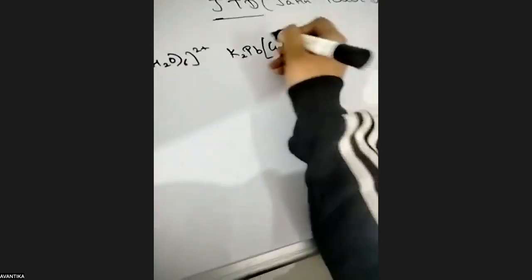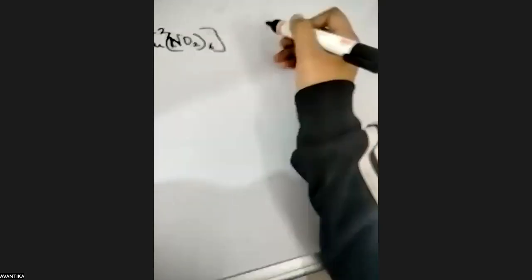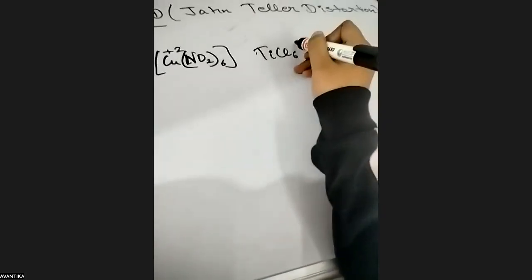And we have taken two more examples, that is [TiCl6]3- and [Ti(H2O)6]3+. In both of these, Ti is in +3 oxidation state.